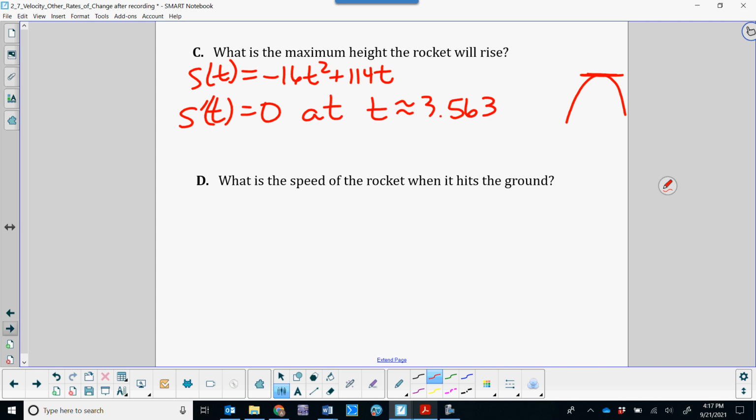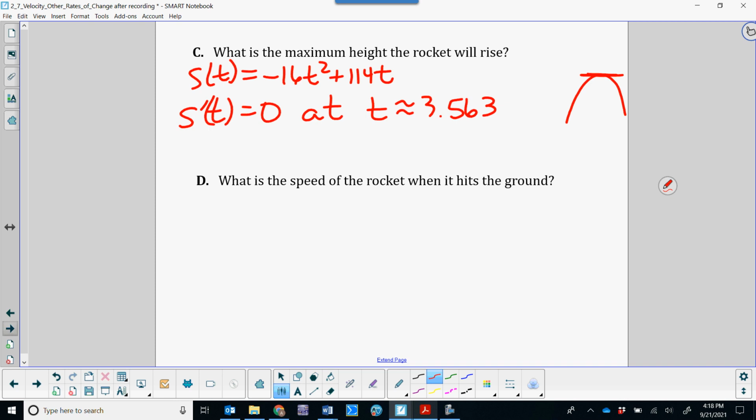And we give 3 decimal places in calculus, always. You can give more, but we always give at least 3. So that's when it happens. This is part of our work. We're saying the derivative of the position equation is 0 at this moment. That means that's the maximum, that's when it happens.